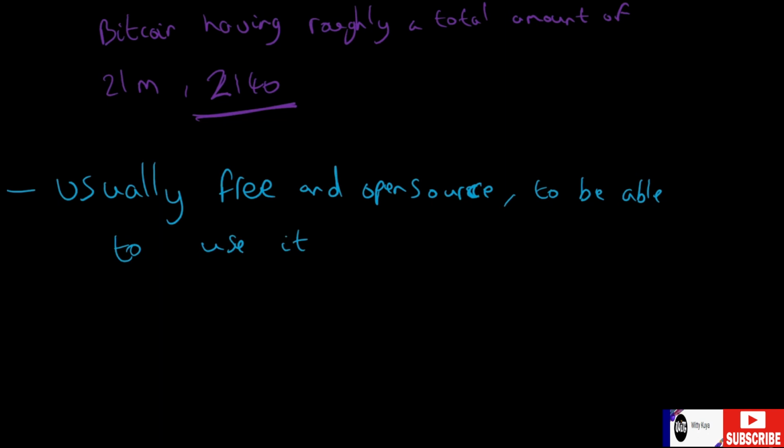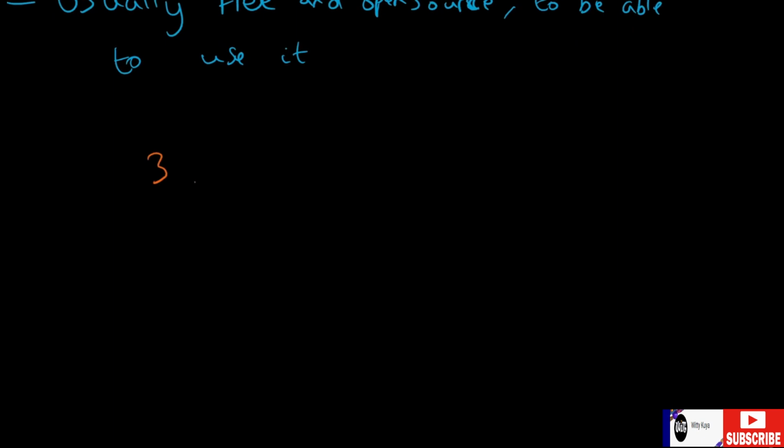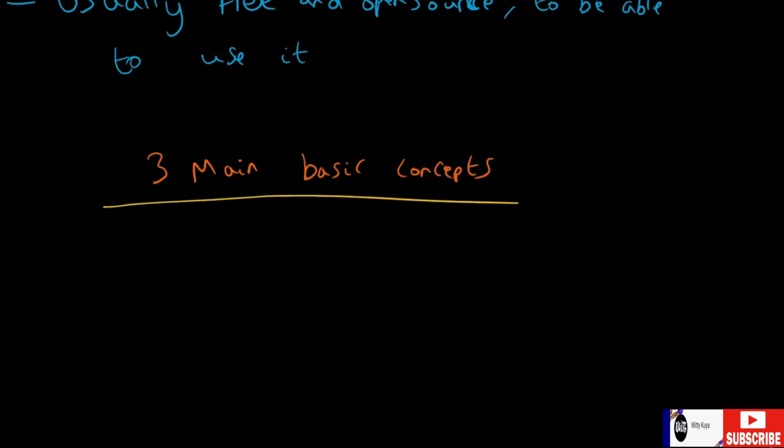So essentially a recap of the three main basic concepts of what a cryptocurrency is.